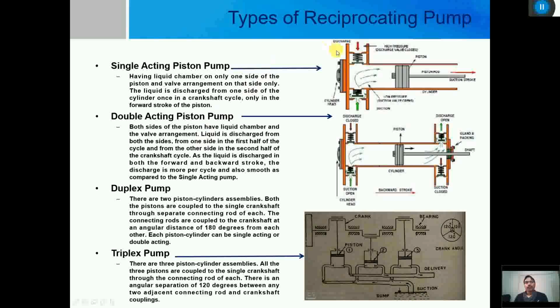Now, types of reciprocating pump. First one is the single acting pump. In the single acting pump, you can see there is a cylinder and piston arrangement. The piston is connected with a piston rod and then a crank mechanism.